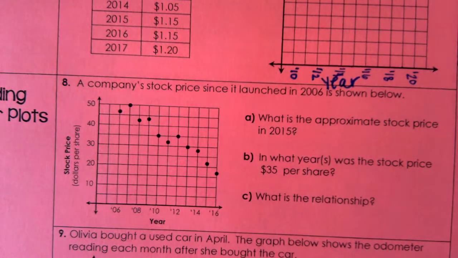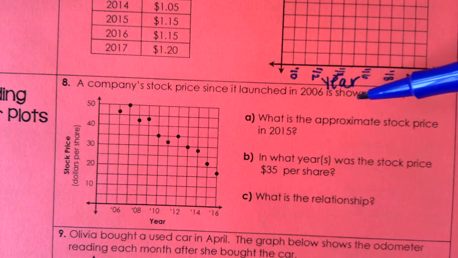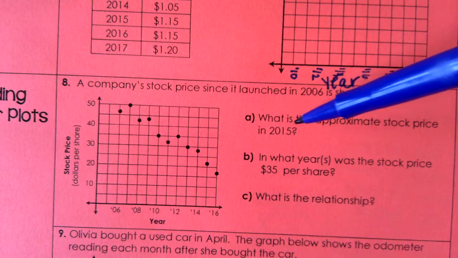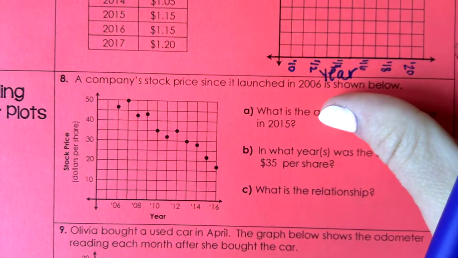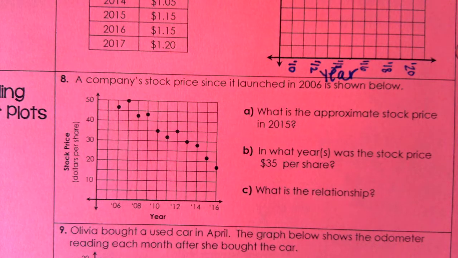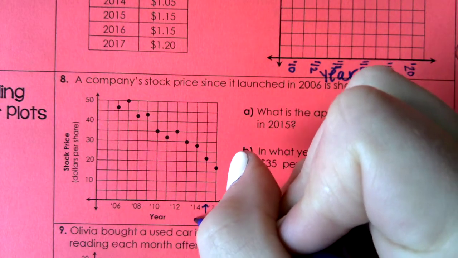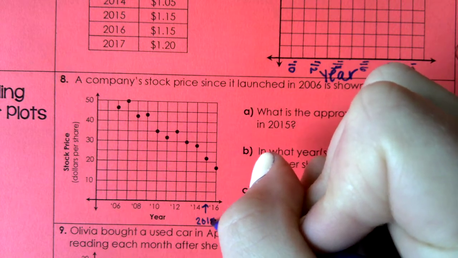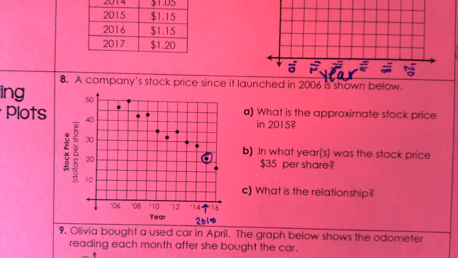It says a company's stock price since it launched in 2006 is shown below. What is the approximate stock price in 2015? So 2015 would be right here. So that gets me to this dot right here.